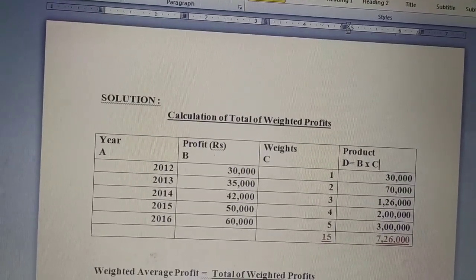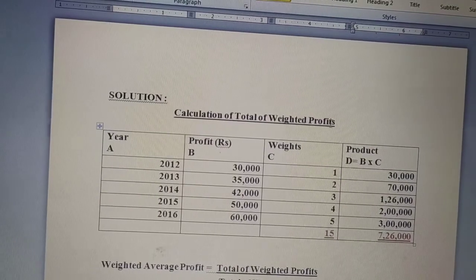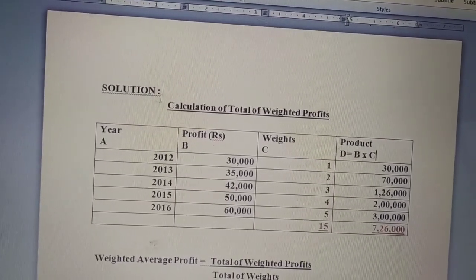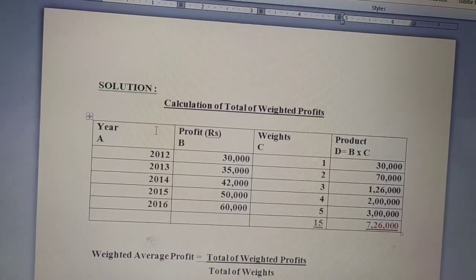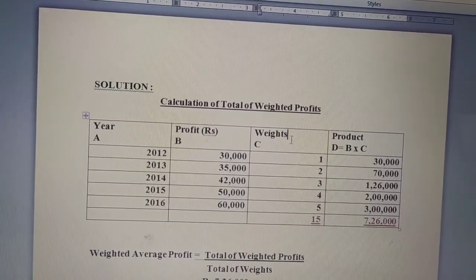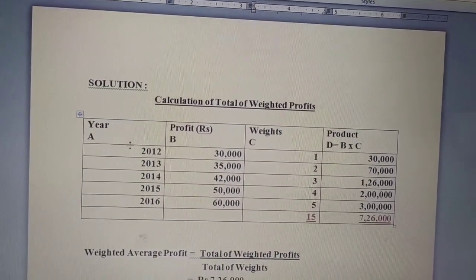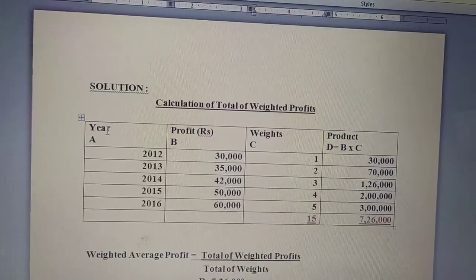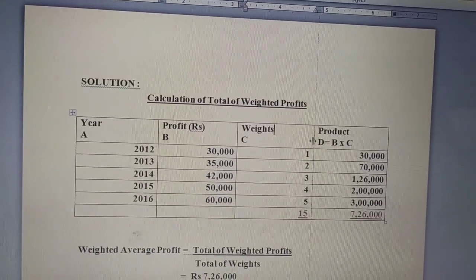Here you can see I have made a table. Calculation of total of weighted profits. We have 4 columns. First for year, then for profit, then weights. Last column is for product. To make it easier for you, I have symbolically assigned alphabets to all of these.